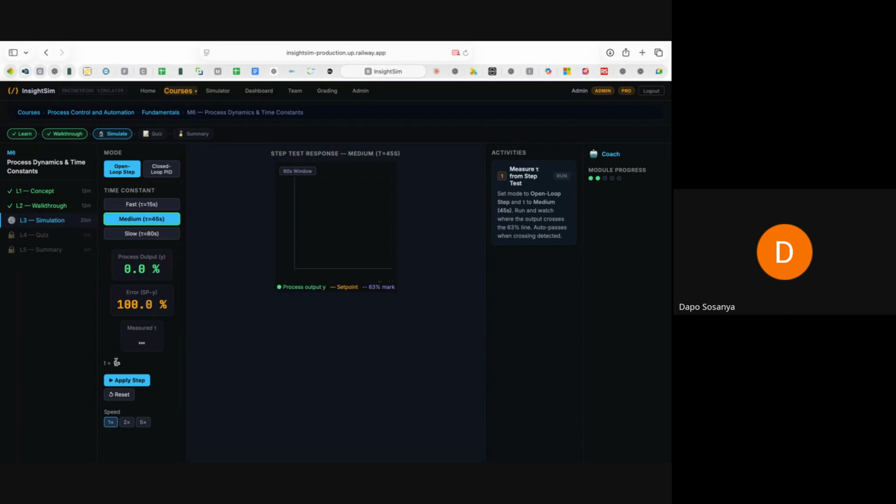So you watch where this output, this green is the process output, this is the set point, and this is the 63% mark. So let's apply step.